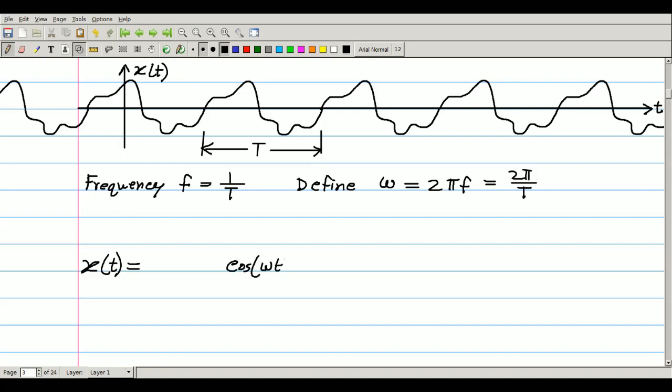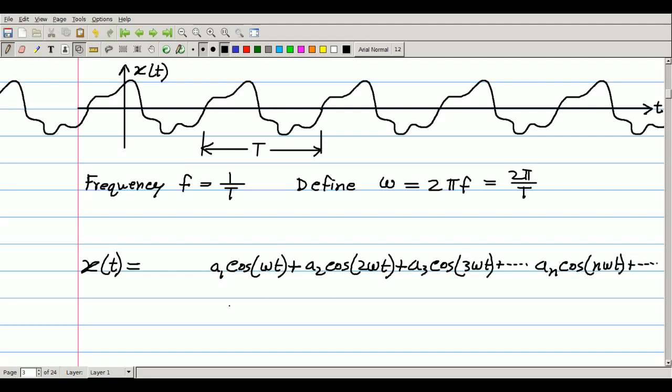Cosine omega t with amplitude a1 mixed with a2 cosine 2 omega t that has double frequency, plus a3 cosine 3 omega t and so on, in general an cosine n omega t and so on, plus also sine signals b1 sine omega t plus b2 sine 2 omega t plus in general bn sine n omega t and so on.